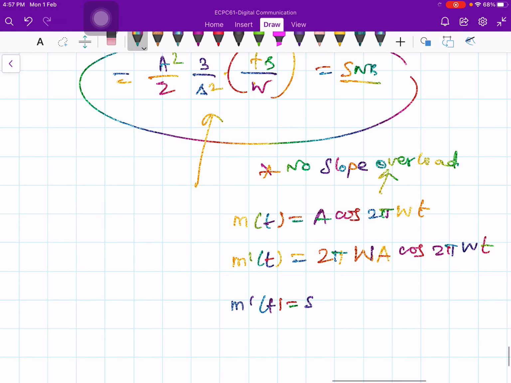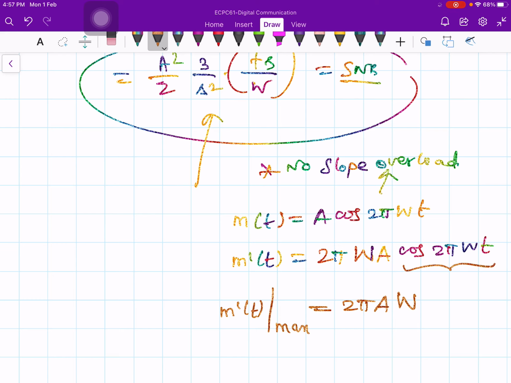Before that, let me find the maximum slope. The maximum slope is 2 pi A W, because the maximum value of cos 2 pi Wt is going to be 1. The maximum slope of the sine wave is 2 pi A times W.